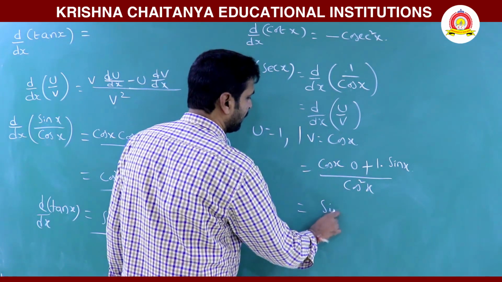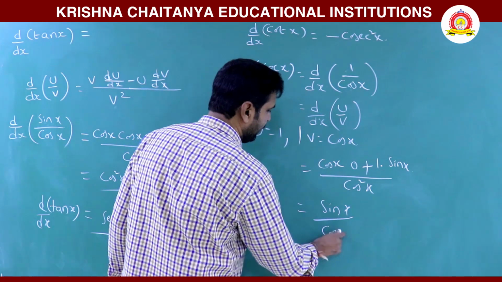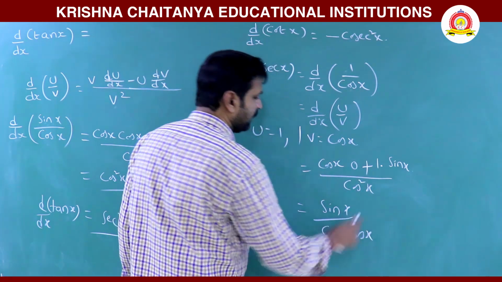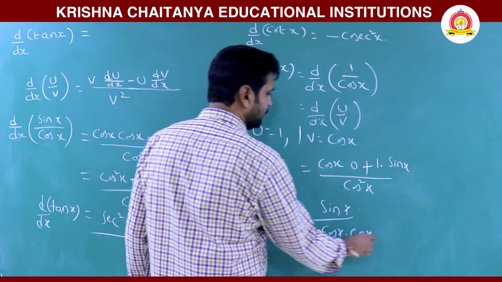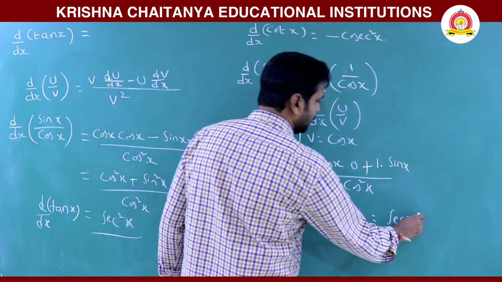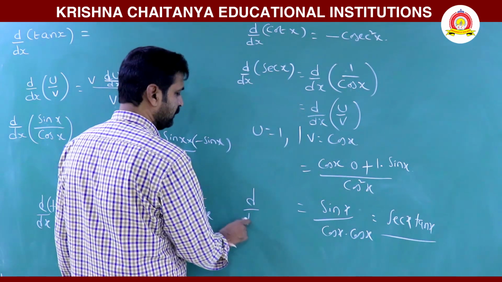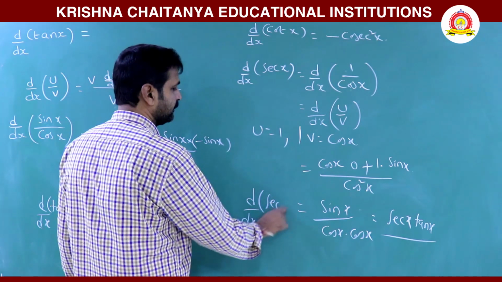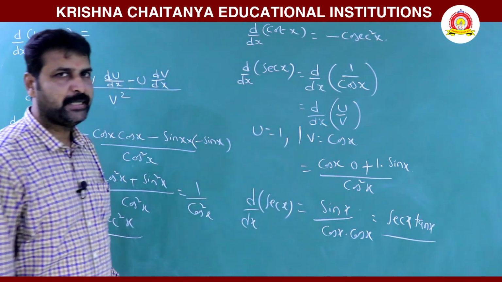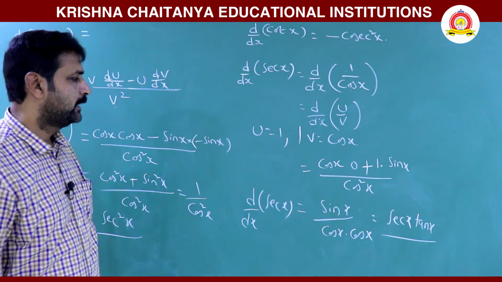Now this is sin x by cos squared x, which can be written as 1 by cos x into sin x by cos x. Now 1 by cos x is secant x, sin x by cos x is tan x. So d by dx of secant x is secant x tan x. So using the u by v method we can derive this.